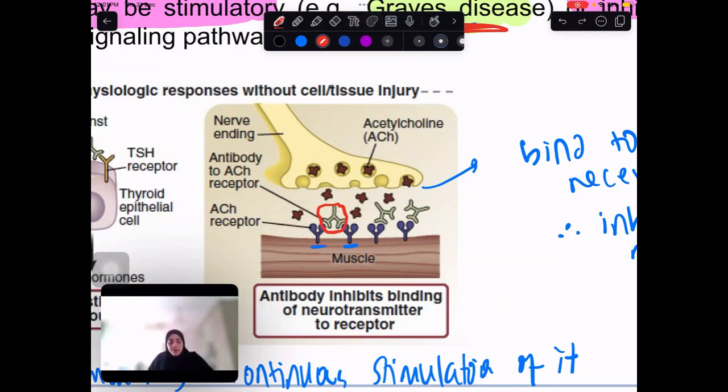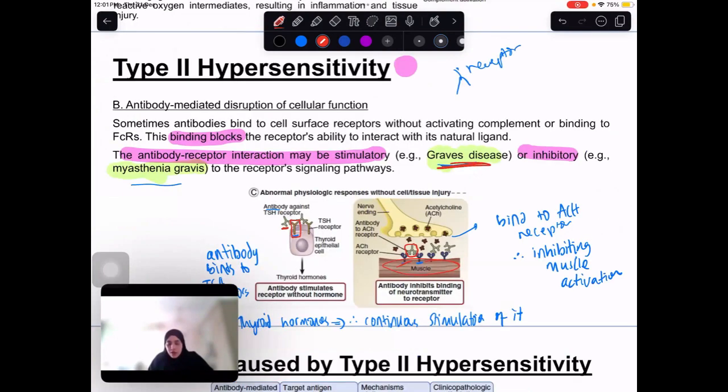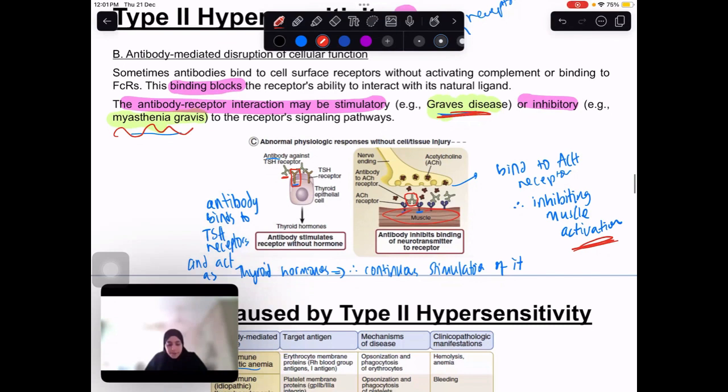So now the receptor will no longer be working, and the muscle will no longer be activated. The muscle will be inhibited and won't be working at all. So this is where I have myasthenia gravis. They're flaccid, they're paralyzed, okay? They're not stimulated at all.